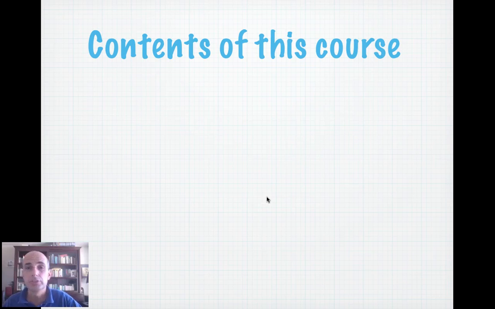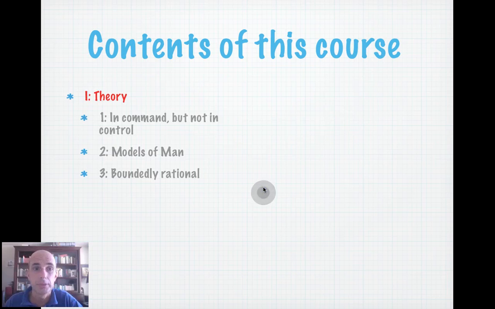Now, the contents of this course consist of 4 major parts. First, the first 3 weeks, and this is the first of those 3 weeks, there's a bit of theory, before we really dive into those cases, things you need to know. You need to know a little bit about how the world has changed into interconnected, decentralized supply networks, and that's called in command but not in control. That's chapter 1.